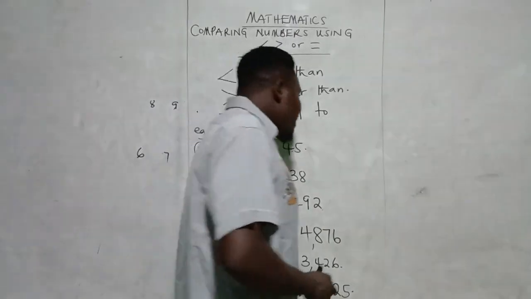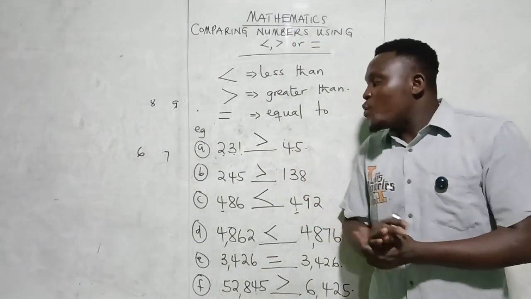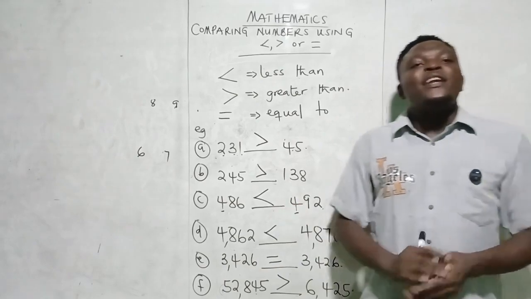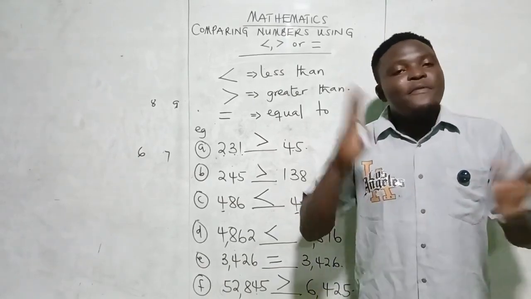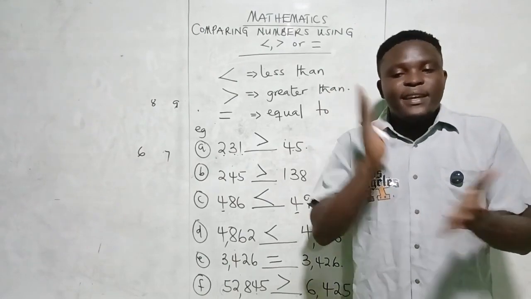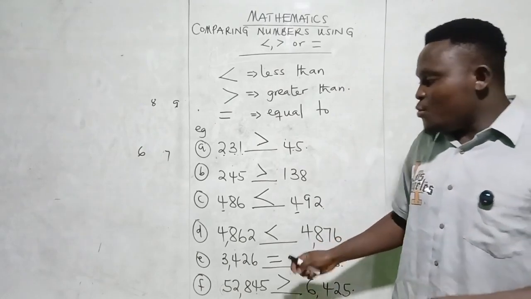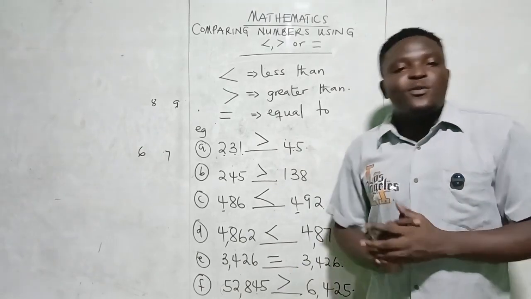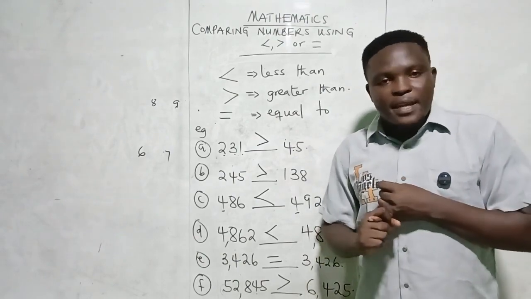Now, this less than, greater than, equal to rule can work on any number of digits that you decide to use. If you want to use 12 digits, 13 digits, whatever number of digits that you decide to use, this rule can work for you. Don't forget our rules. First, you have to count your number of digits.